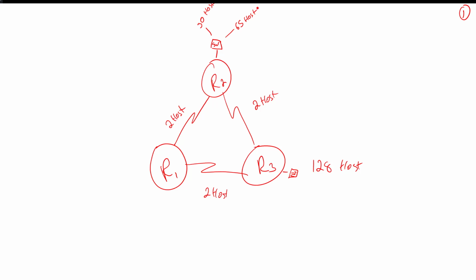Maybe they have phones and they have staff, where R3, they don't have phones. R1, we have 2 networks. We'll have our data center, which will have 100 hosts, and our main staff, we'll do 500 hosts.